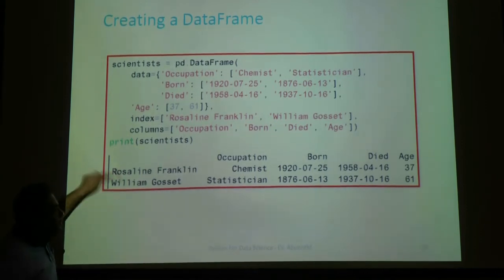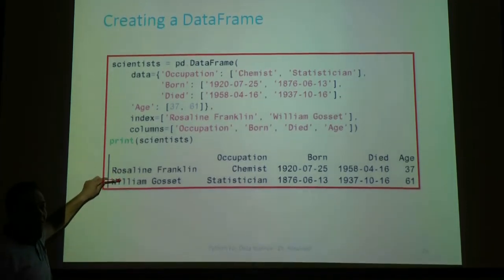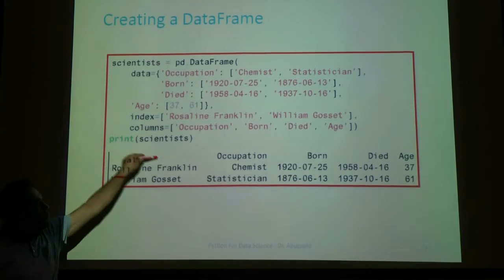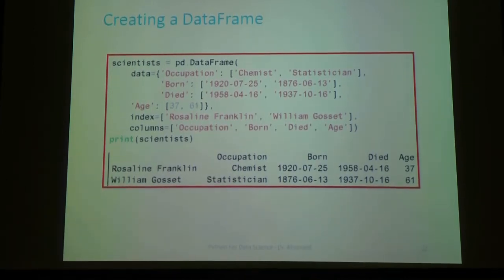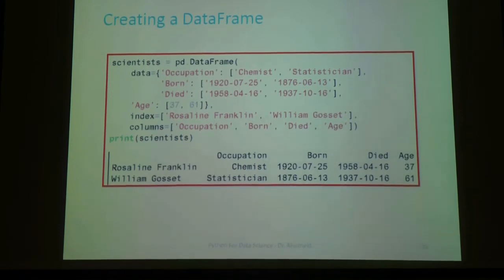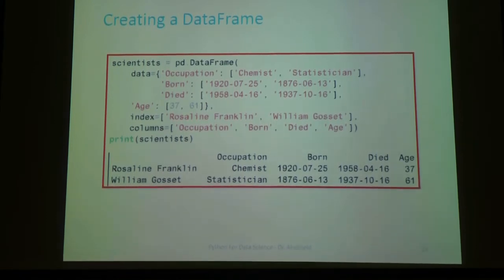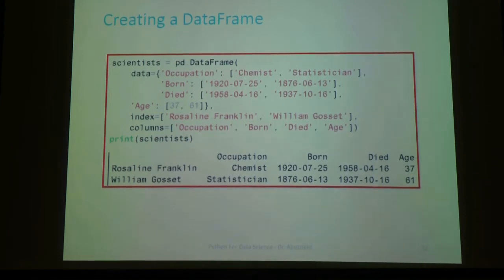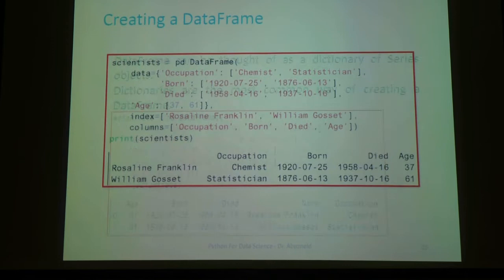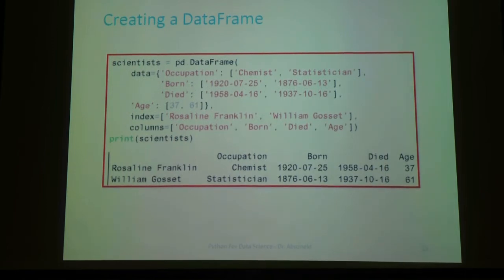This is not a column. What is this? An index. That's why I don't have anything under it. So you have to be careful how you create your data frame because it will affect how you access your data later. Completely different data sets, by the way. This one does not equal this.